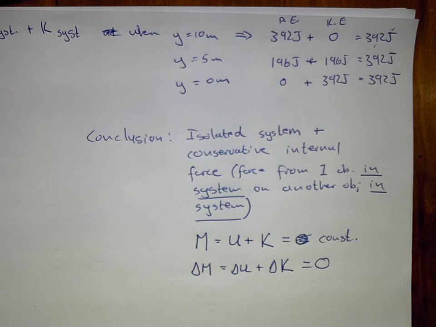So it tells us under which conditions mechanical energy is going to be conserved. So whatever amount the mechanical energy of the system had at the beginning, if it's got only internal forces, these forces are conservative, it will keep that amount of mechanical energy forever and ever and ever. Now let's see how general this is.